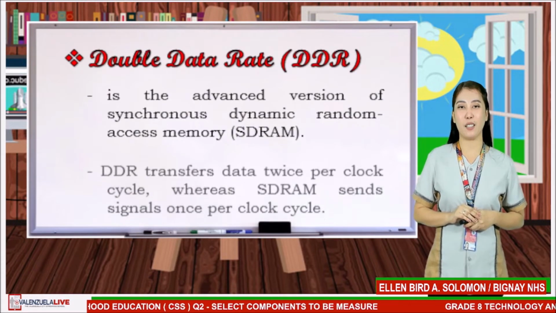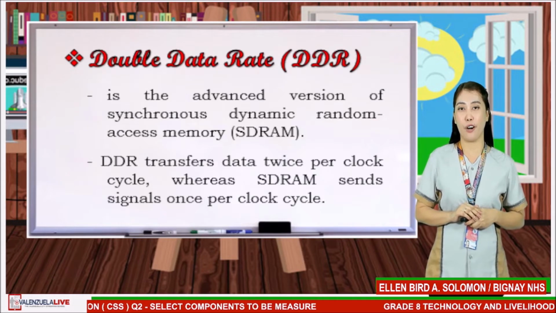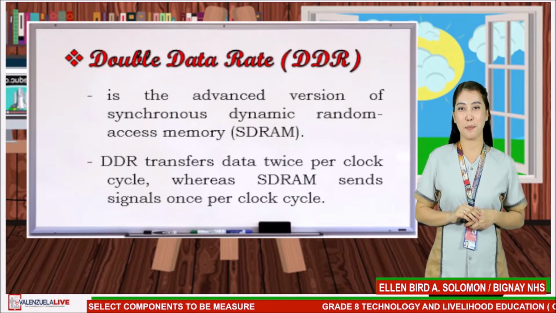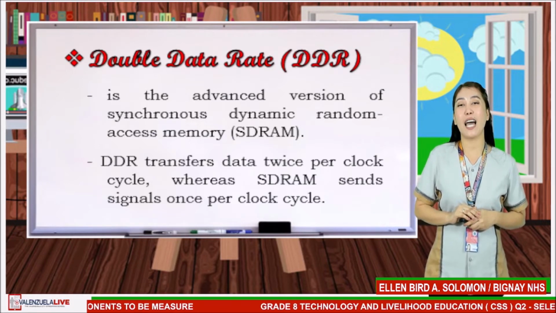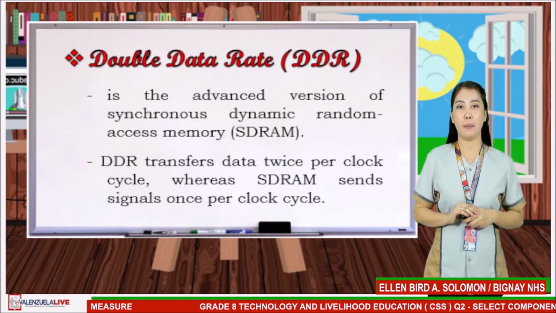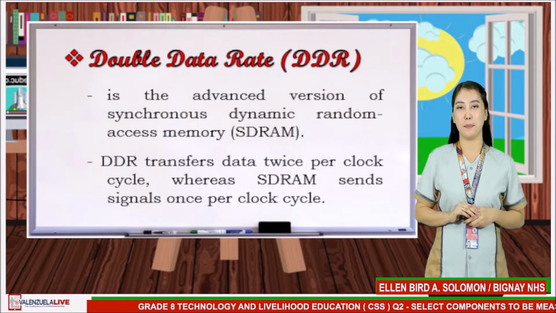Double data rate or DDR is the advanced version of synchronous dynamic random access memory. The difference between SDRAM and DDR is not the speed, but rather how many times data is transmitted with each cycle.